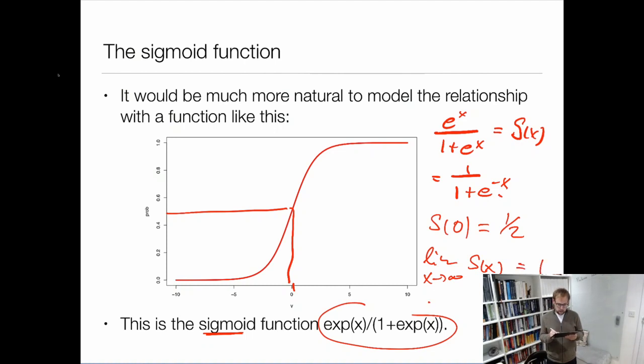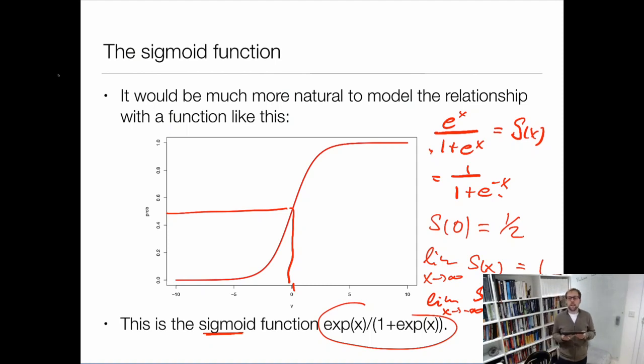And similarly, the limit when x goes to minus infinity of s of x should be given by 0. And that's maybe easier to see in the expression above here. If I have e to the minus infinity, it will go to 0, divided by 1 plus e to the minus infinity, which is 0 divided by 1, so it's 0 here.